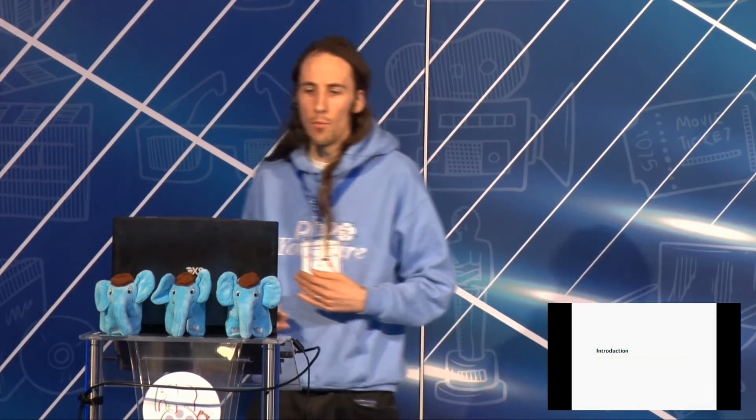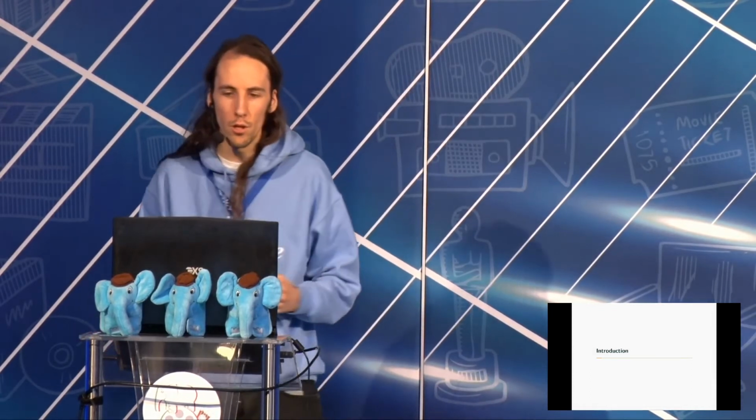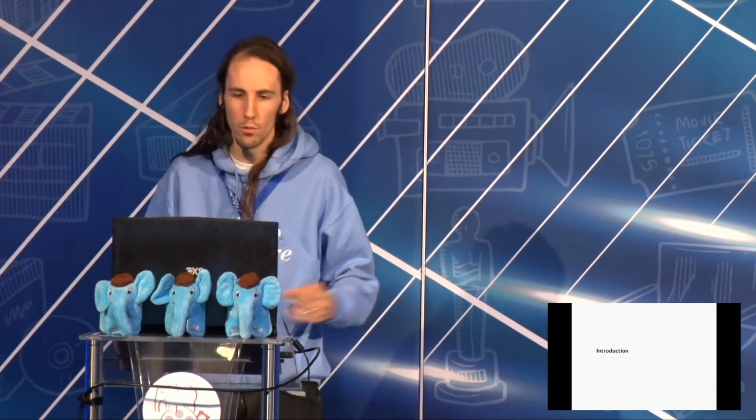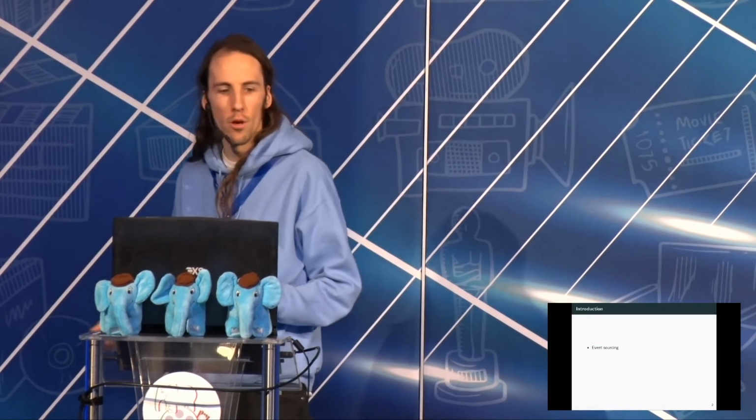A few of the topics I'm going to be touching upon today. I'd usually ask people to put their hands up, but you're quite a long way, so we'll skip that bit. But event sourcing, as I said, there was a talk earlier on in the conference on that, so maybe a few of you went to that.